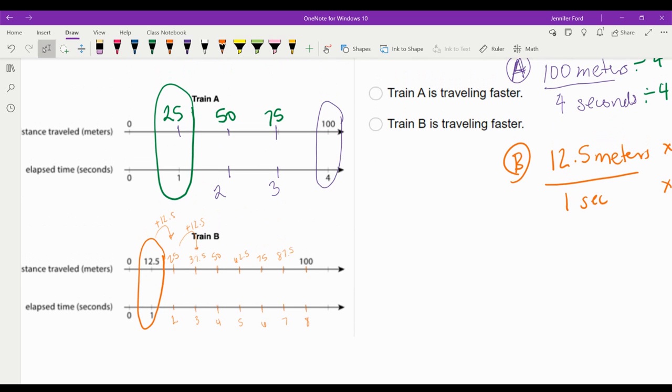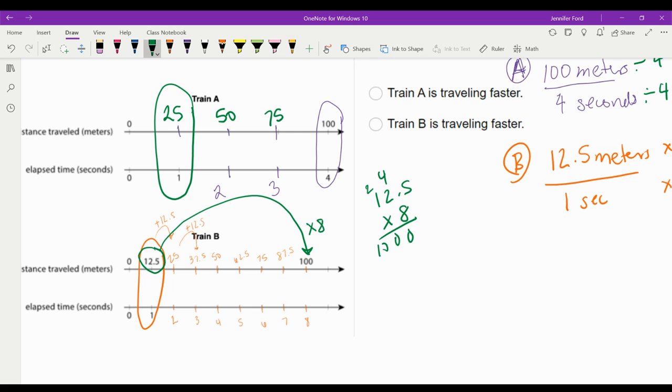You could also look at it like a multiplication pattern. To get from 12.5 to 100, I have to multiply by 8, because 12.5 times 8, that's 40, 16. 8 times 2 is 16, 17, 18, 19, 20. 8 times 1 is 8, 9, 10.